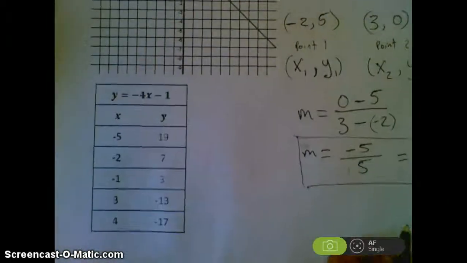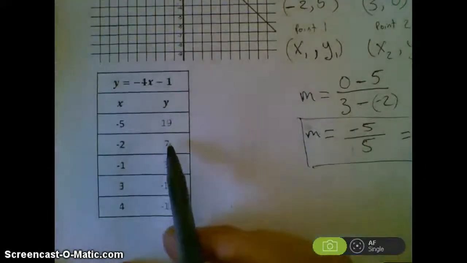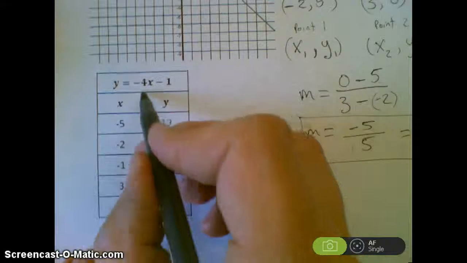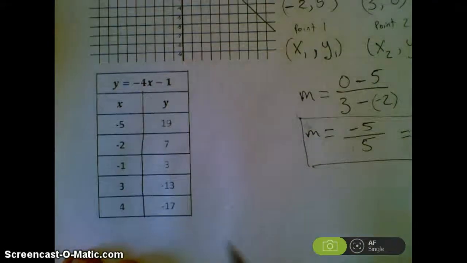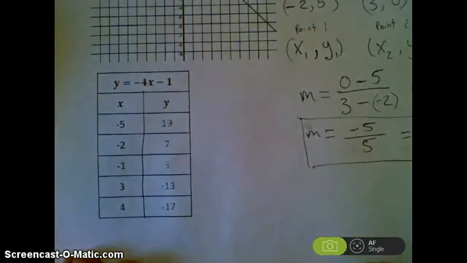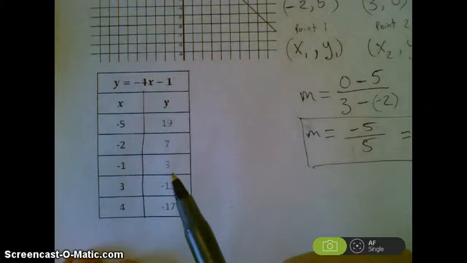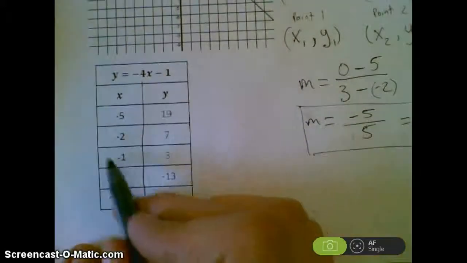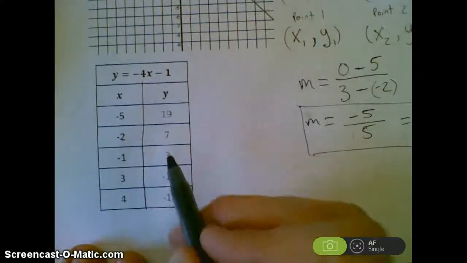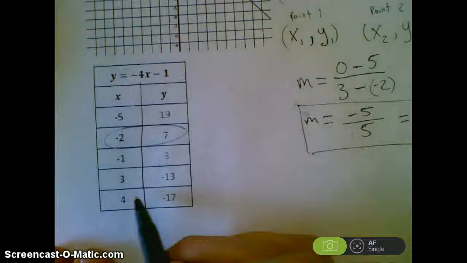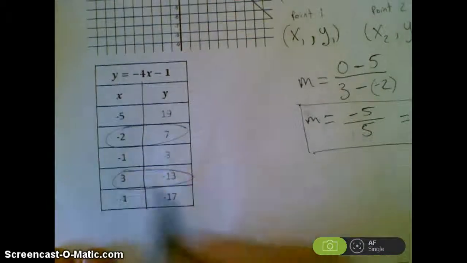You don't need a graph to do this, I guess is my point. I can select any of these points on this table as point 1 and point 2. So why don't I take, I'll just take these two middle ones. That'll be easy. Actually, I'll take this one and this one.